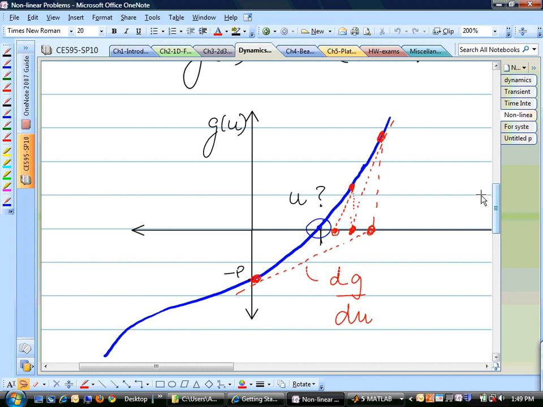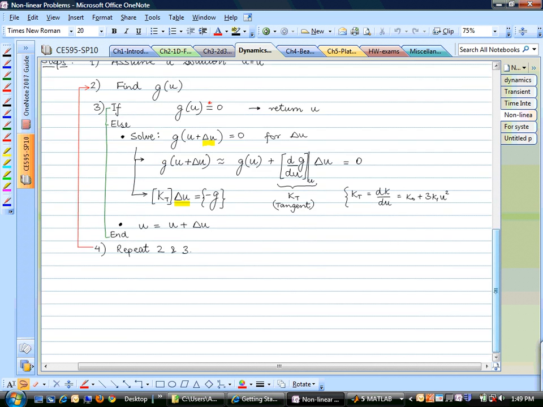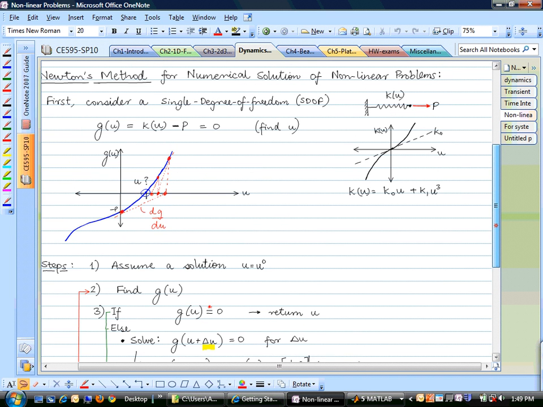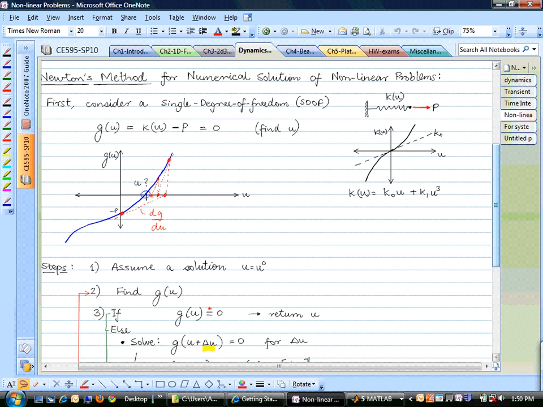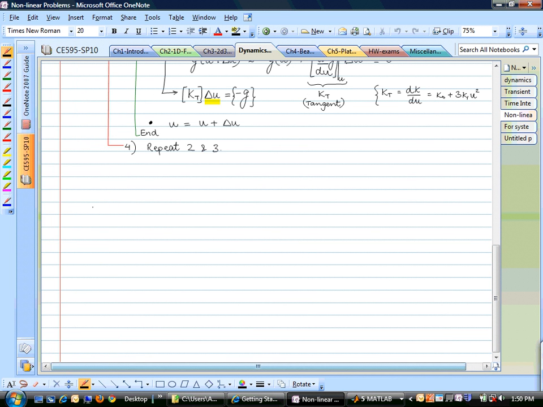All right. So the in-class assignment is that we'll take this same spring, and our spring stiffness is given by K naught U plus K1 U cubed.